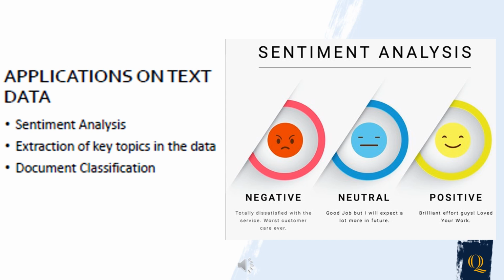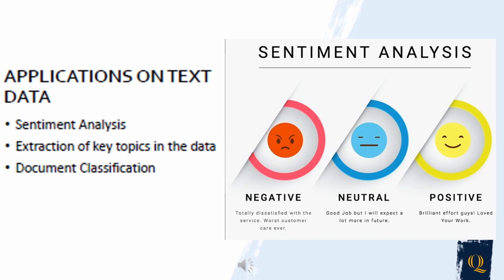Extraction of key topics involves identifying and summarizing the main ideas within a large set of text. This technique is widely used in media analysis, customer feedback reviews, or any scenario where it is important to identify recurring themes or concerns within large volumes of text.